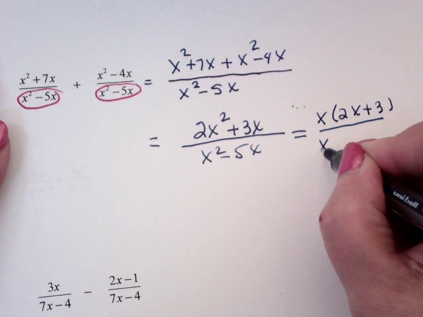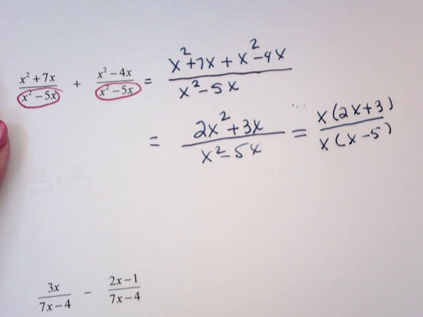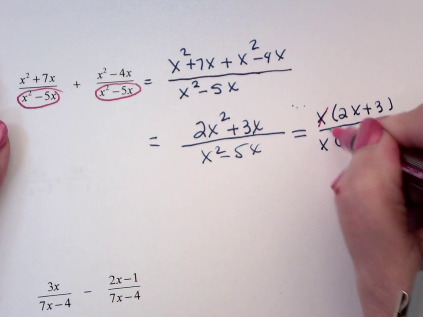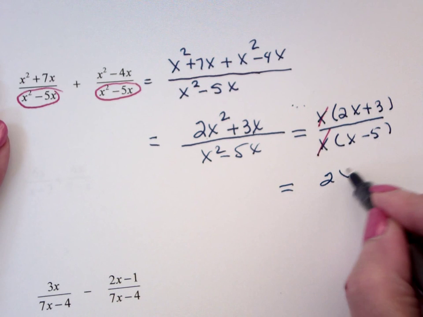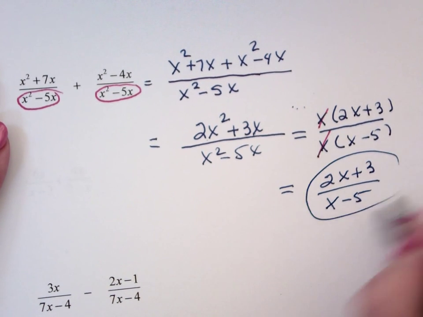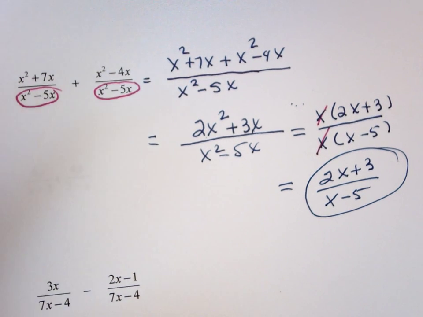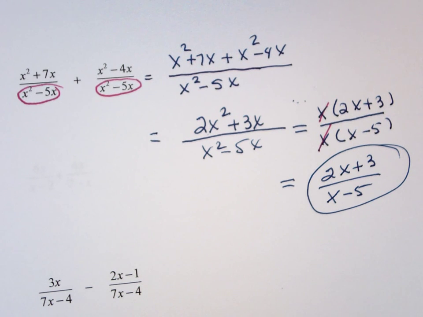There's a greatest common factor of x in the denominator. The x's reduce out. And I'm left with 2x plus 3 over x minus 5. It's just a heck of a lot more complicated, unfortunately.